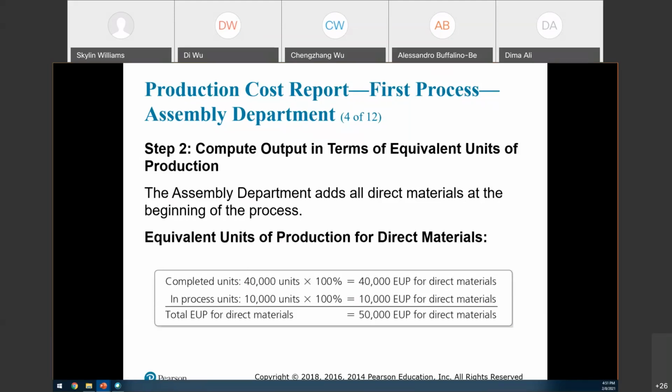And for WIP units, same thing. We have 10,000 units times 100% equals 10,000 EUPs for direct materials.